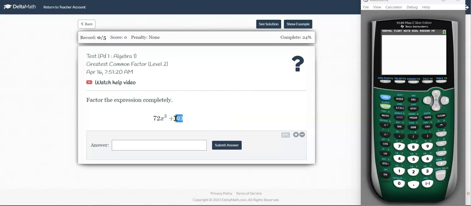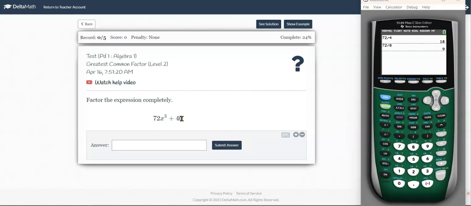I'm looking for the greatest number that can also evenly divide into 72. I already know that 72 can't be evenly divided by 10 or 20, so I'll go down. 72 divided by 4 would work, but so does 72 divided by 8.